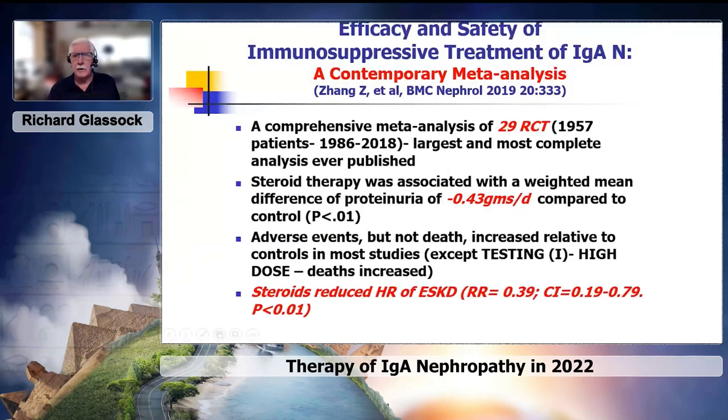Well, there have been a large number of randomized controlled trials between 1986 and about 2018. 29 have been conducted, and a very nice systematic review and meta-analysis was published in 2019 showing that in these trials, steroids reduce the hazard rate of end-stage kidney disease by about 60 to 70%, with a substantial reduction in proteinuria.